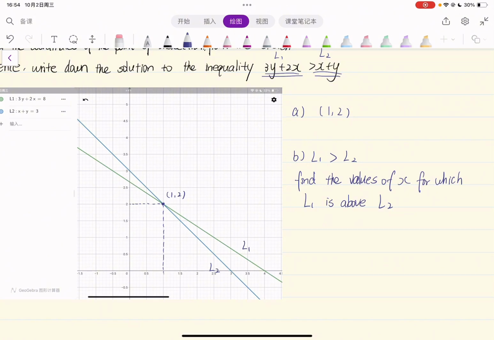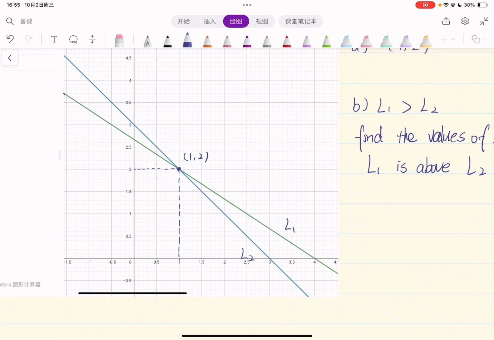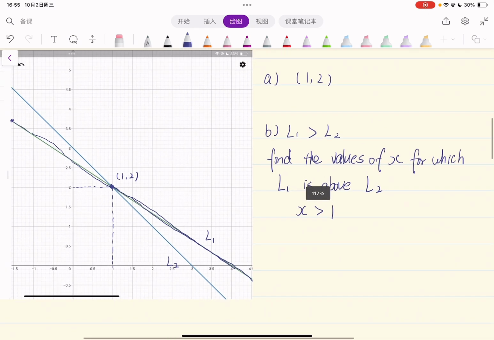Starting from here, L1 is below L2. Then as you go along, we find that here it changes and L1 is now above L2. So that is when x is greater than 1.